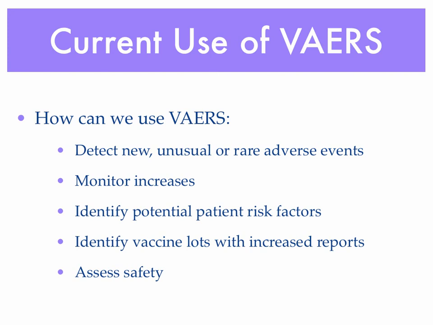Third, they can identify potential patient risk factors for particular types of adverse events. And another objective is to identify vaccine lots with increased numbers or types of adverse events. And then, of course, they report this to the manufacturers and the public health community. And then lastly, VAERS is really important in assessing the safety of newly licensed vaccines.